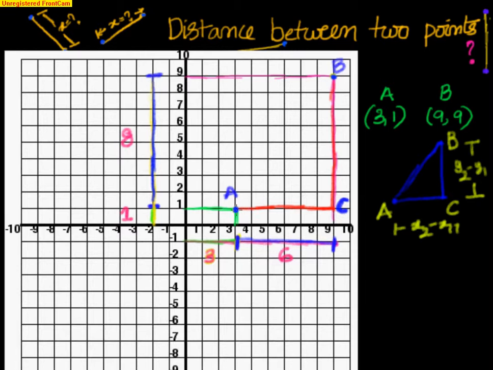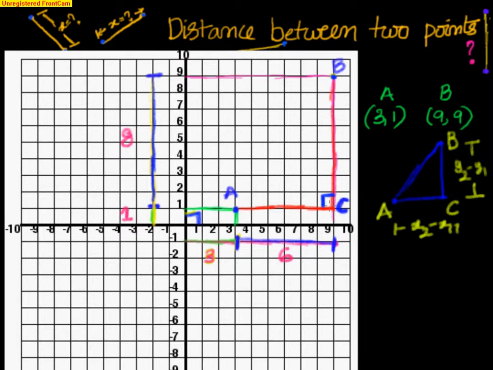Why? Because the horizontal line is parallel to the x-axis and BC is vertical, parallel to the y-axis. We know the x-axis is perpendicular to the y-axis because that's how Descartes started coordinate geometry. So I know this is a right angle.